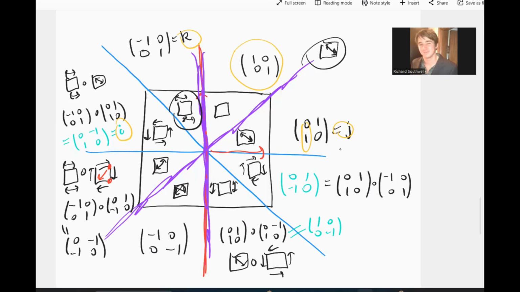So if we consider the square having vertices at coordinates 1, 1, 1, minus 1, minus 1, minus 1, minus 1, 1, then basically we have these different sort of representations for our symmetries. So it's all very pleasant. But what I'd like to do now is to look at the same situation, but rather than doing all that matrix multiplication, let's look at the same situation using graphical linear algebra.